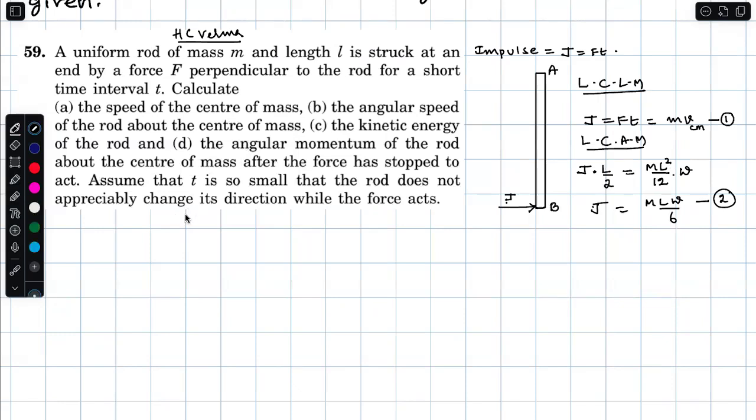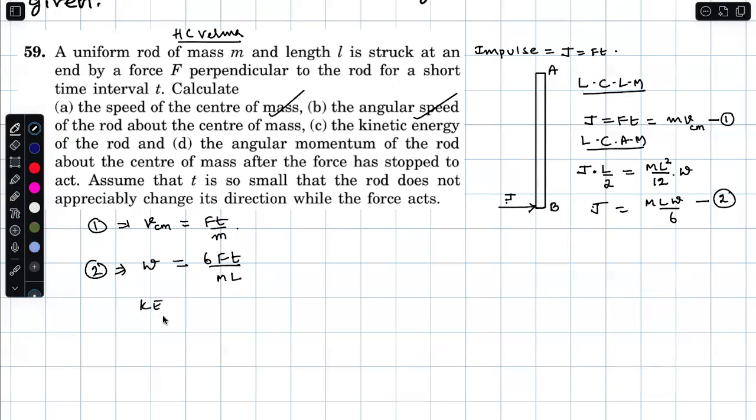Now clearly, equation 1 implies the velocity of the center of mass is equal to F into T by M. Clearly, equation 2 implies the angular velocity is 6 F T by M L. You asked for the speed, angular speed, and kinetic energy of the rod.